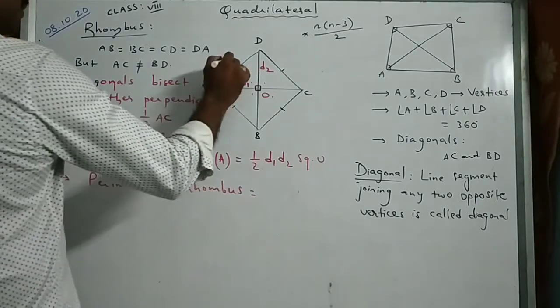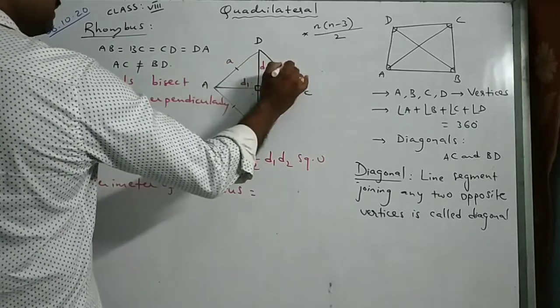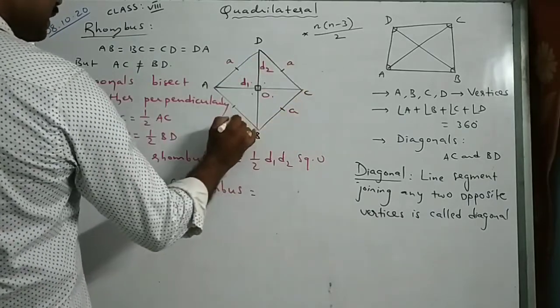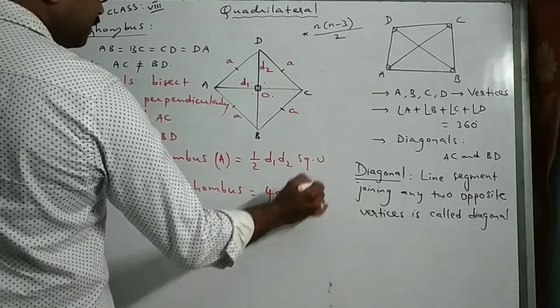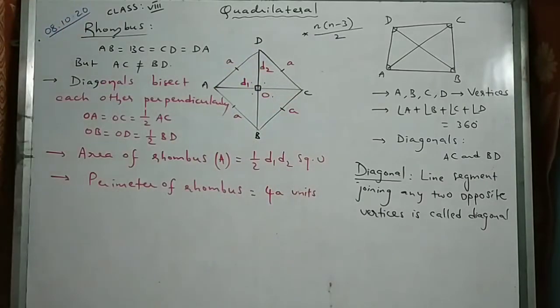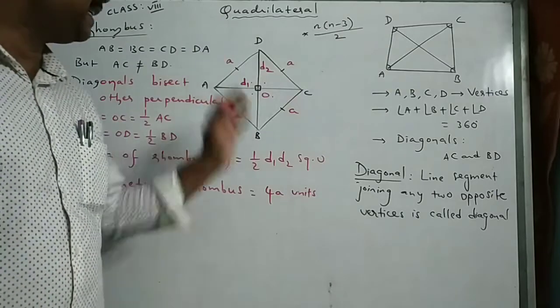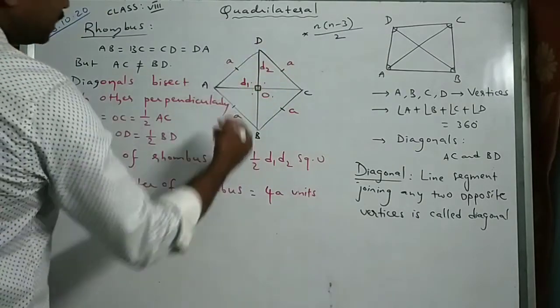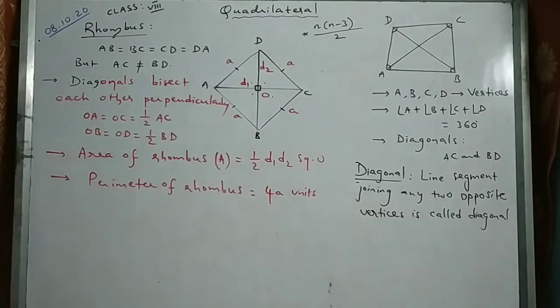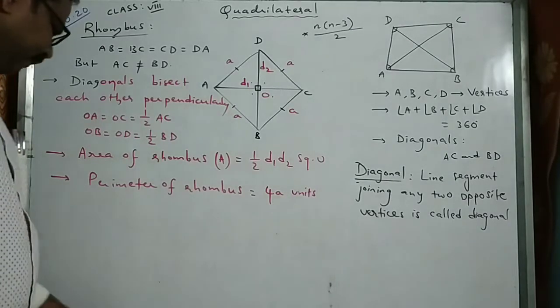Perimeter means the sum of all the sides: a plus a plus a plus a, which is 4a. We are going to use these formulas in the problems, so learn them perfectly. Clear?